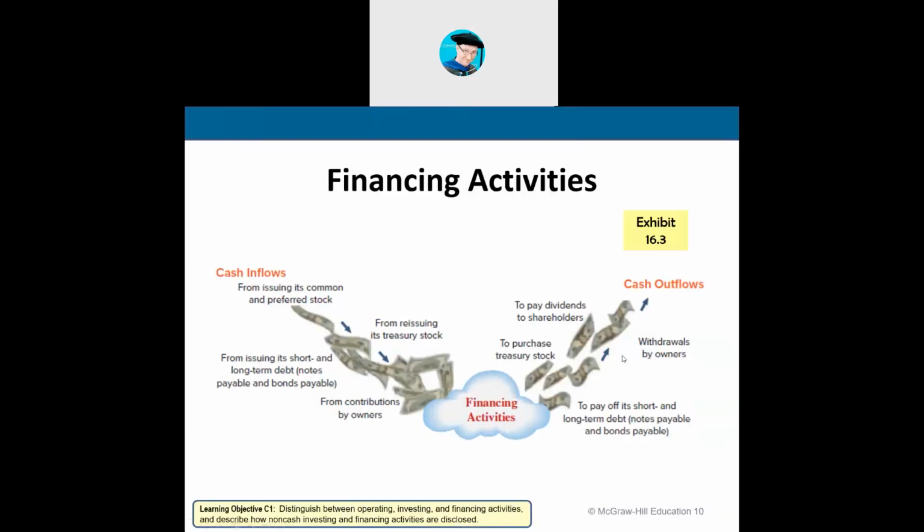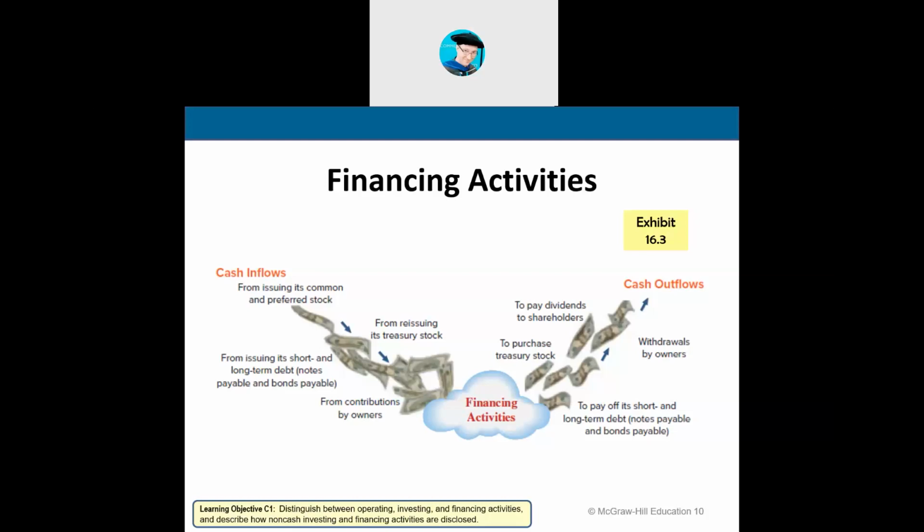Financing activities is the issuance or repurchase of stocks and bonds and other debts.